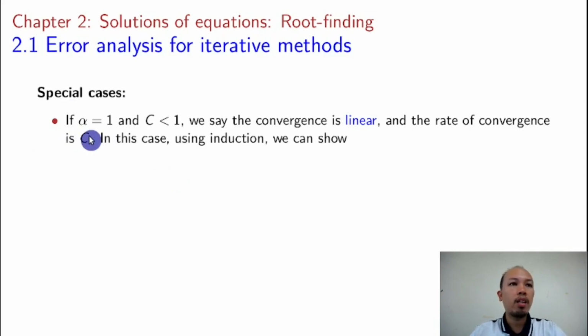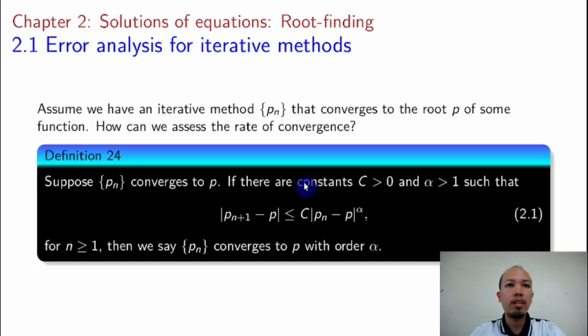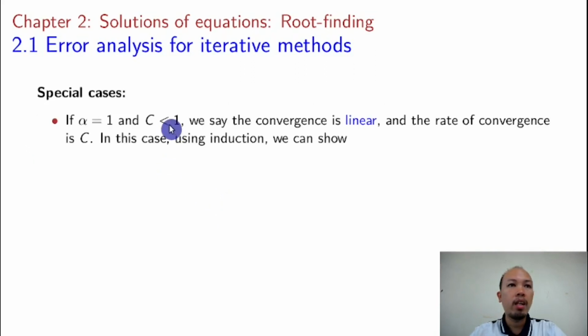If alpha is equal to 1 in definition 2.4, this one here, equation 2.1, and our c is less than 1, then we say that the convergence is linear and the rate of convergence is c.